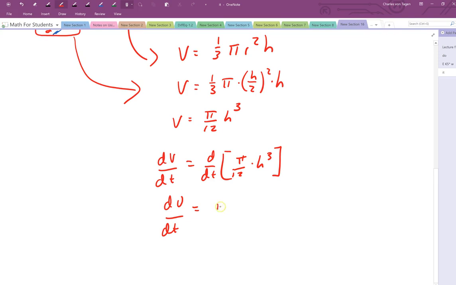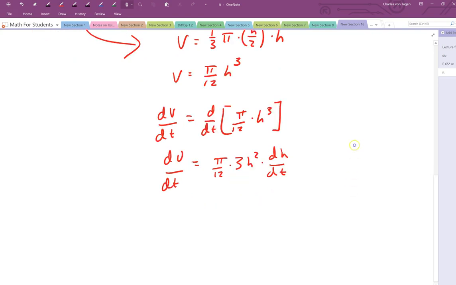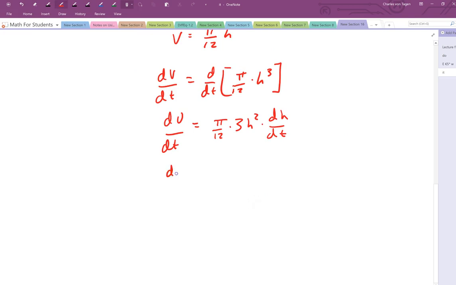So this would give me pi over 12 times 3h squared times dh/dt. Let's clean it up one more step. dV/dt is equal to pi over 4 h squared dh/dt, where I combine the 3 in the numerator and the 12 in the denominator.